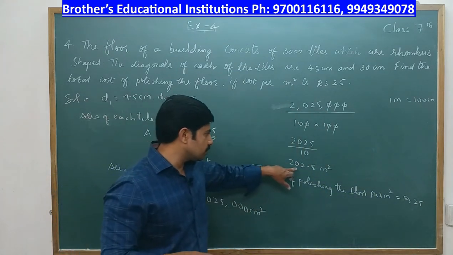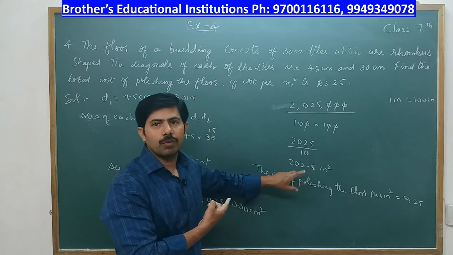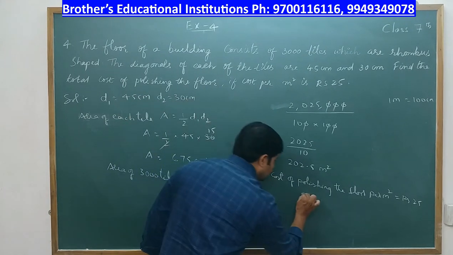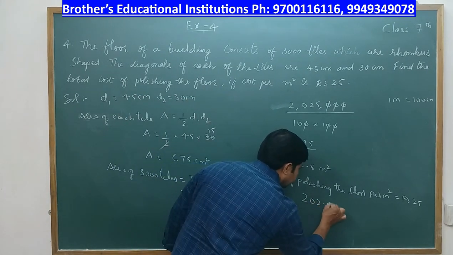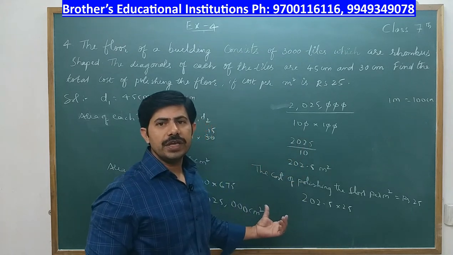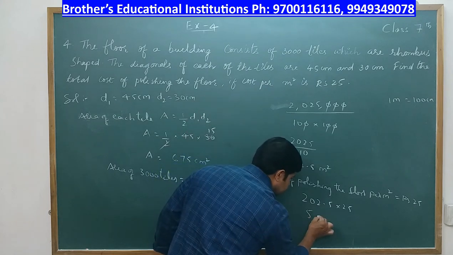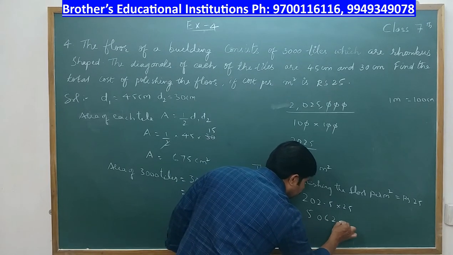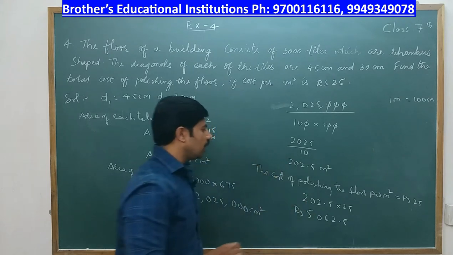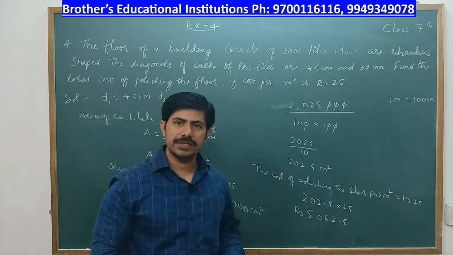The total meter square we have is 202.5. So we need to calculate 202.5 into 25. We get 5062.5 rupees. So this is the total cost for polishing. Okay, so this exercise is completed.